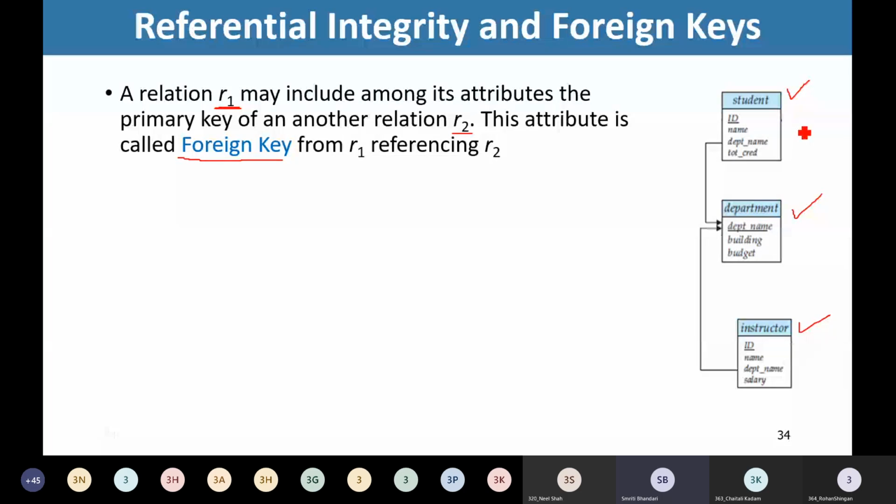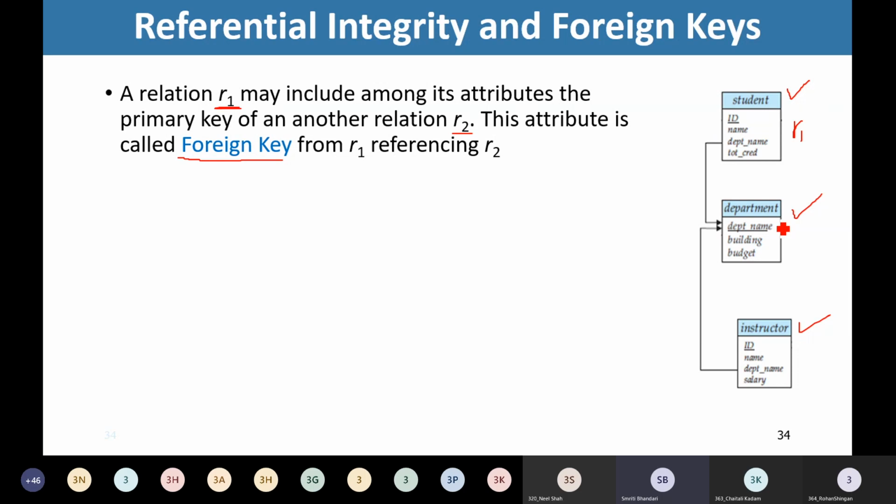So I am having this relation, say R1, wherein I am having one attribute, that is department name, and this attribute department name is borrowed from some other relation, that is department, where this department name is the primary key.